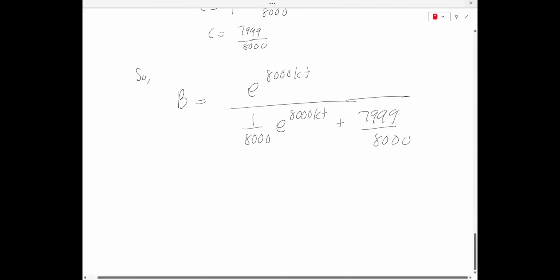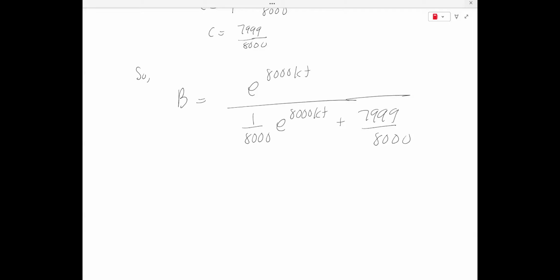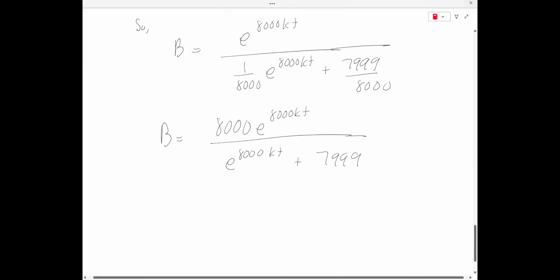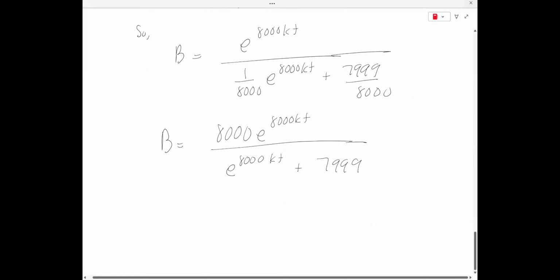It might be nice to multiply through by 8,000, I think. So then b is equal to 8,000 e to the 8,000 kt over e to the 8,000 kt plus 7,999, or one too many nines there, like that. That's a little nicer way to write it.